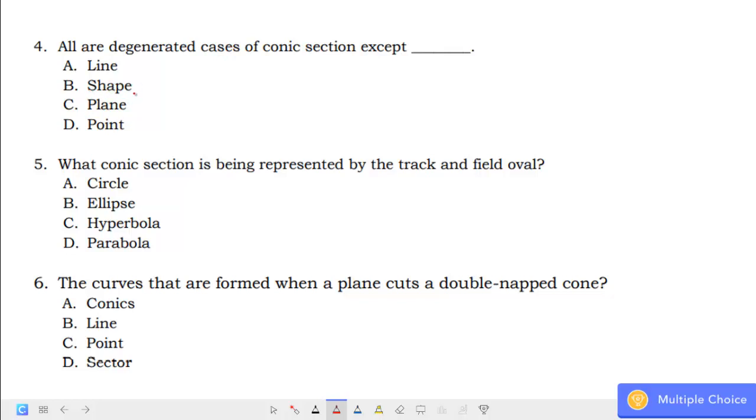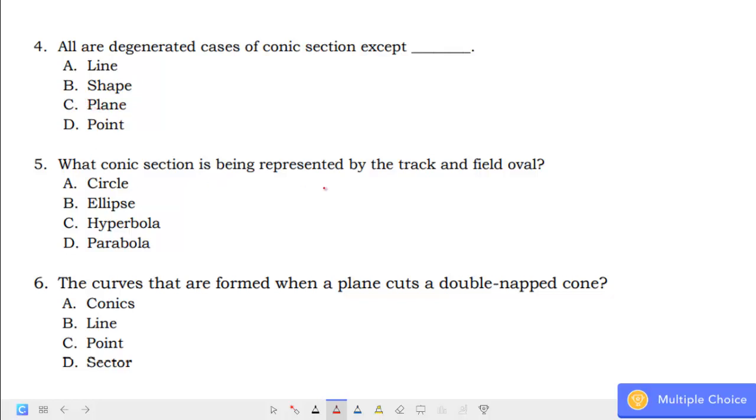Sa shape, meron tayo na sa shape because a line is a shape. So, probably the answers could be B or C, but if we define shape, like a point is a shape, a line is a shape, so that means the final answer here is letter C.